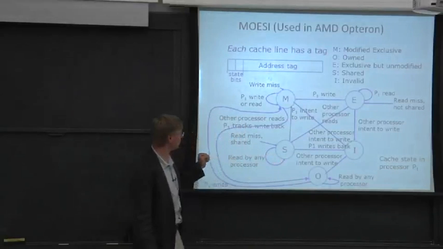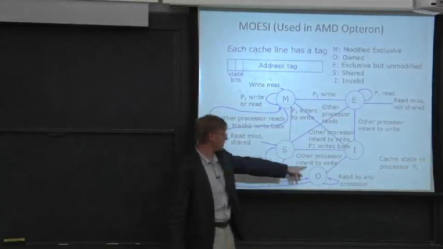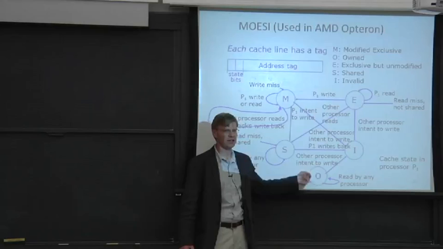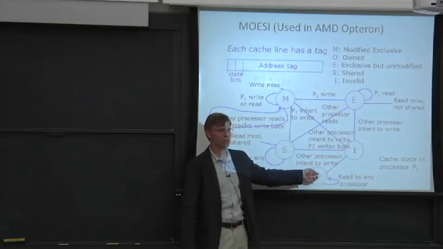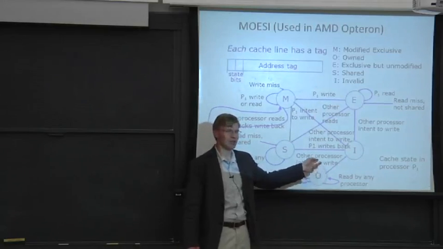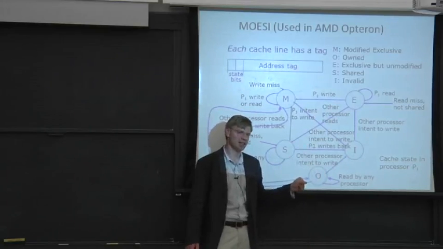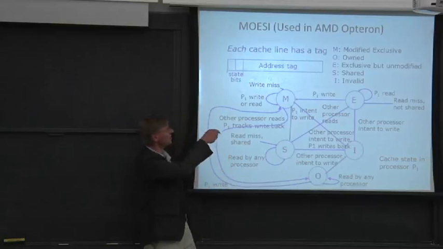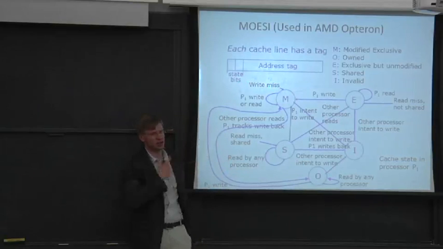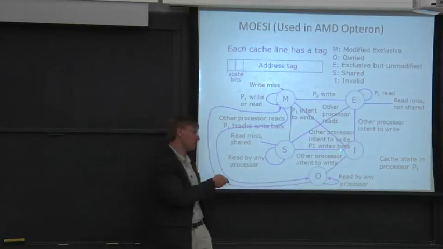Note here that with this intent to write, we may need to provide information across the bus when we're in the owned state. Because if we're the only cache which has that data, and the other processor is going straight into this state here via a write miss, we're going to need to provide the data.